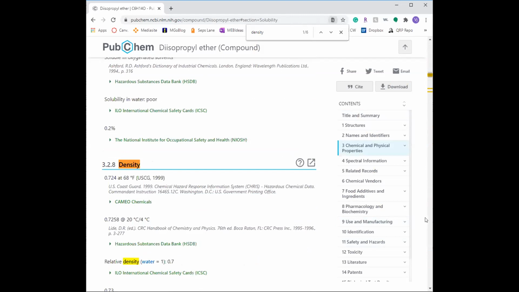It wouldn't make much sense to say molar volume of the gas because that can change depending on the pressure and temperature. So V1 corresponds to molar volume of the liquid. So I'm going to use the density and then convert that in Excel. So I'm going to write this down, 0.7258, and that is in grams per centimeter cubed.